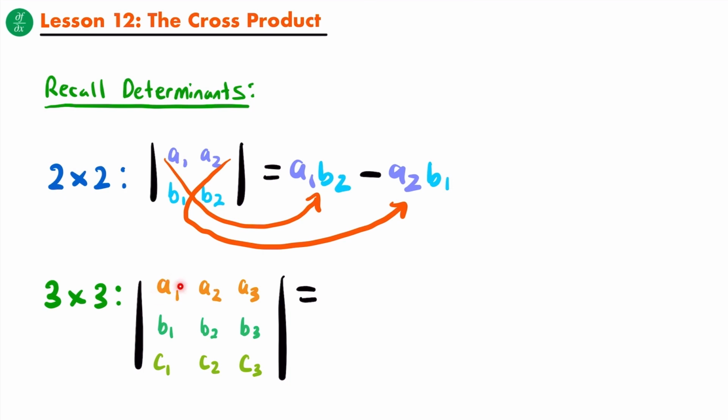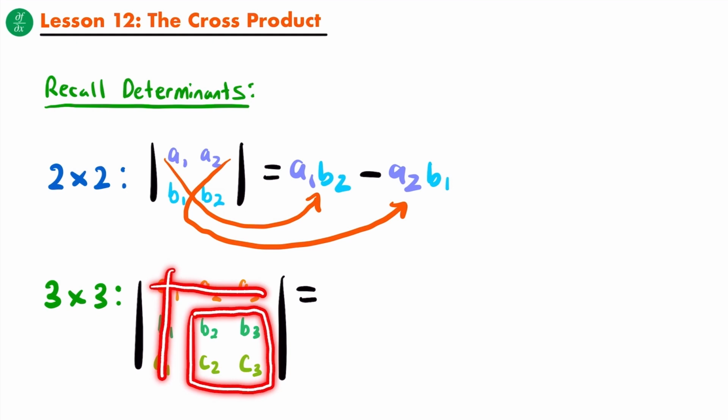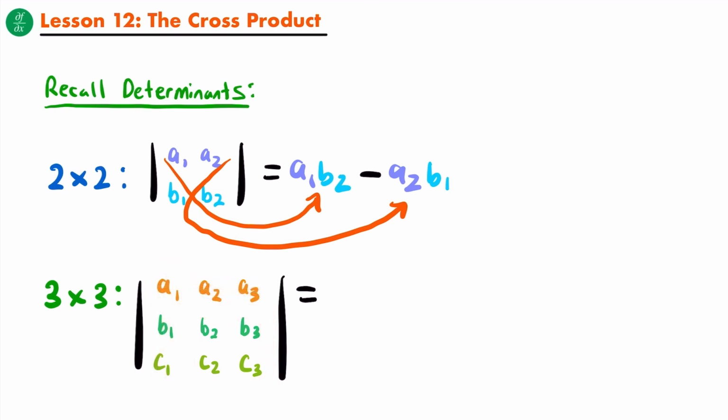We're going to be multiplying A1 by a 2x2 determinant. And the way we find that 2x2 determinant is by covering up or crossing out the row and the column that A1 is located in. And then the four remaining values are what we're going to use to calculate a 2x2 determinant that we then multiply by A1. All right, so here's what that looks like.